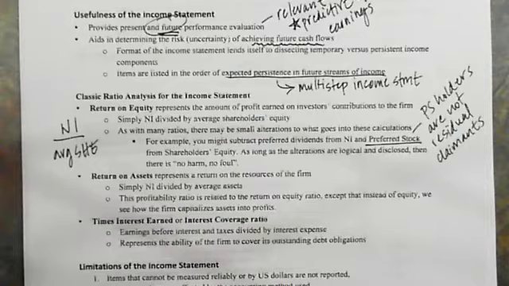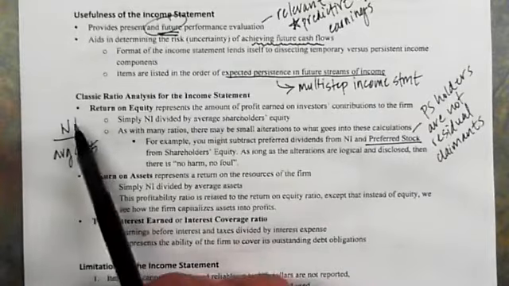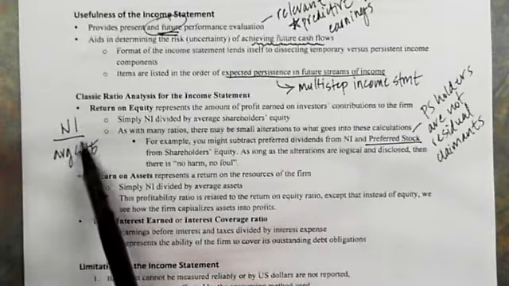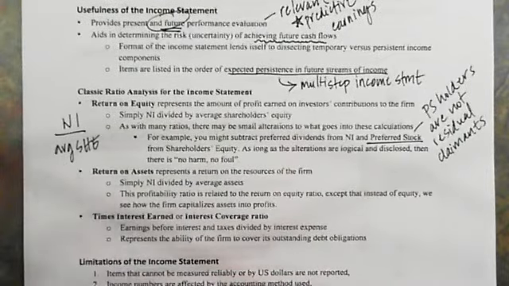So for example, I wouldn't back out preferred dividends if I didn't also back out preferred stock from shareholders' equity, because if you're going to take the preferred dividends out of net income, then you might as well take the preferred stuff out of shareholders' equity as well if you're just removing all preferred items.